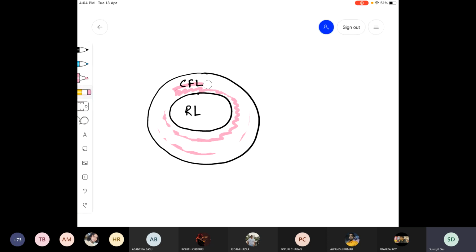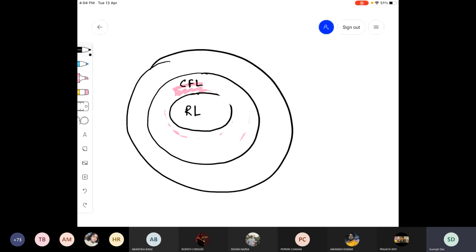So we have in the language hierarchy the regular languages, the context-free languages, and we define something called decidable languages. Now I change the course of discussion a bit. Obviously, if this Venn diagram follows a proper subset relationship, it becomes obvious that all regular languages and all context-free languages are in turn decidable, right?